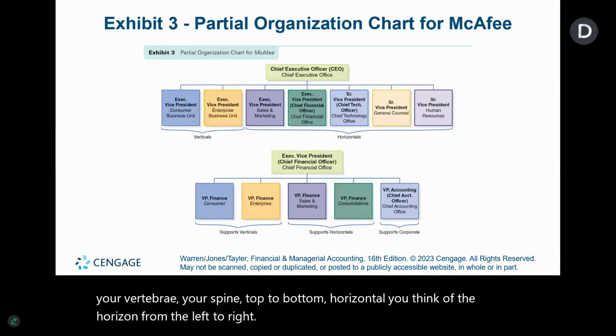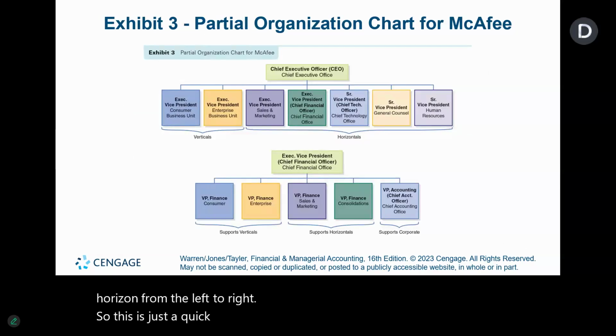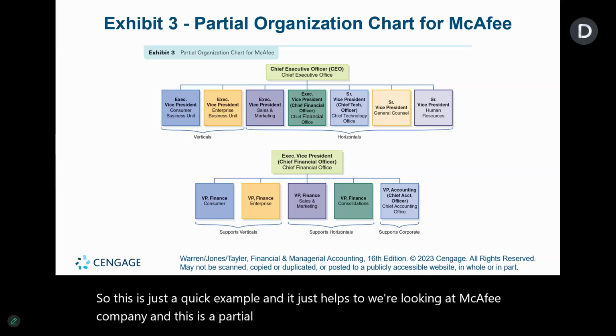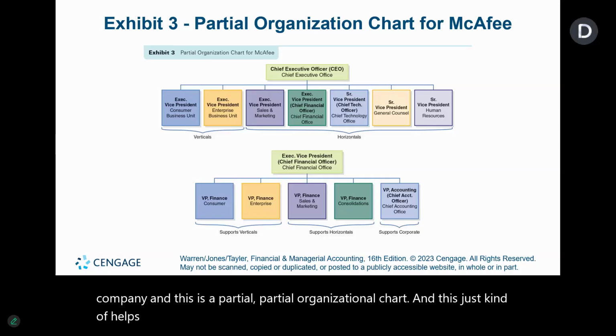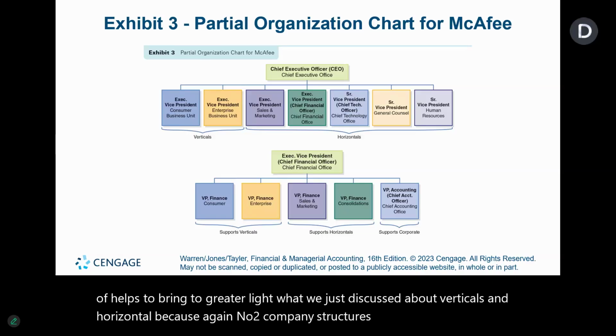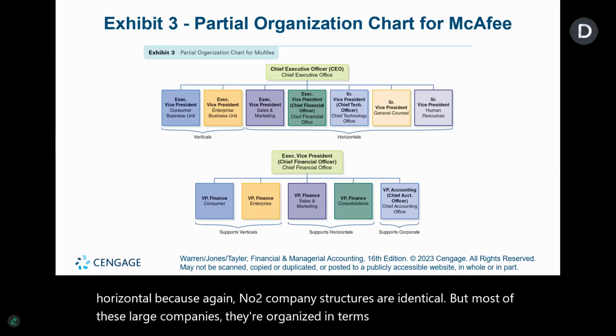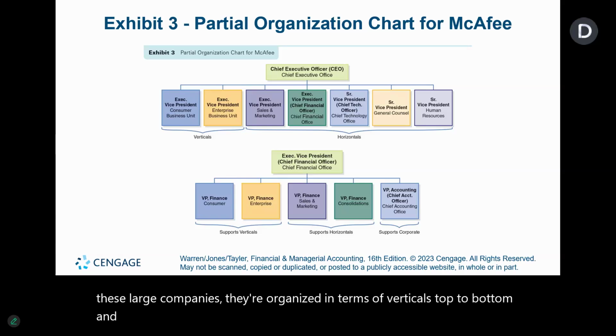This is just a quick example. We're looking at McAfee Company, and this is a partial organizational chart. It helps to bring to greater light what we just discussed about verticals and horizontals, because again, no two company structures are identical, but most of these large companies are organized in terms of verticals, top to bottom, and horizontals from left to right.